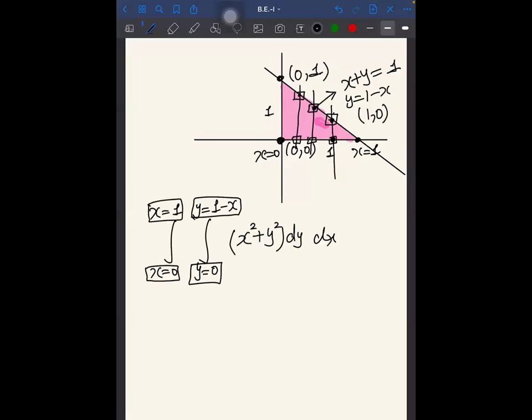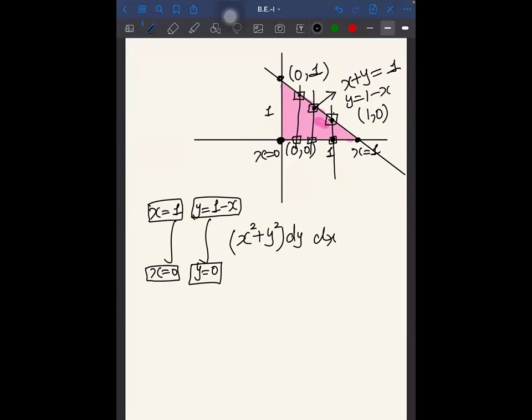We can make dx first, but all that theory we will discuss tomorrow. This should not actually be part of this section, but we are still including it. Tomorrow we'll extensively do how these limits can be decided and how we can change the order, as you're saying, that we can make dx first as well.